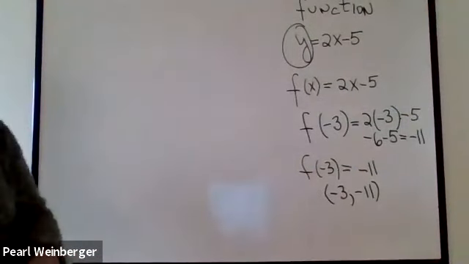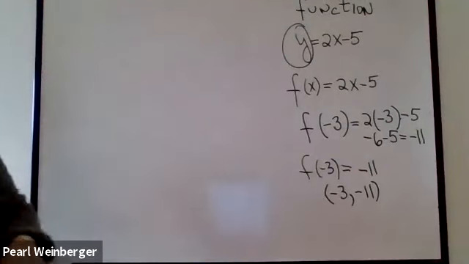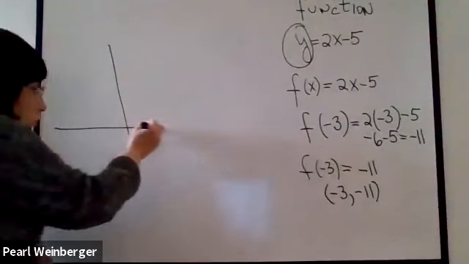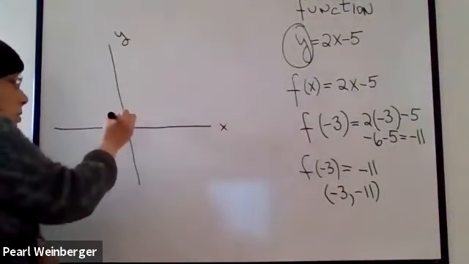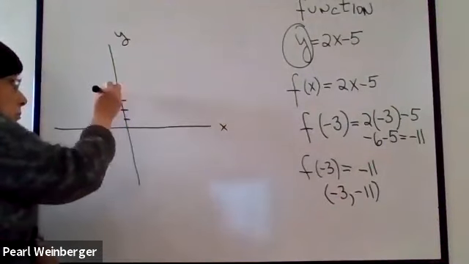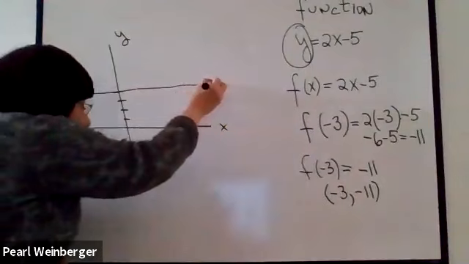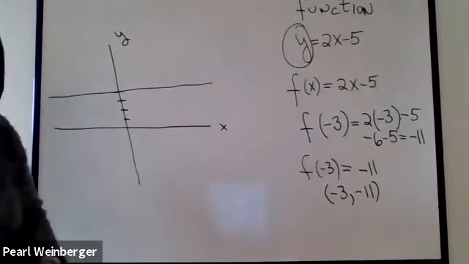One type of question would be, what if I gave you a picture that looks like this? I'm giving you a picture of a line. It happens to be a line that goes straight across.